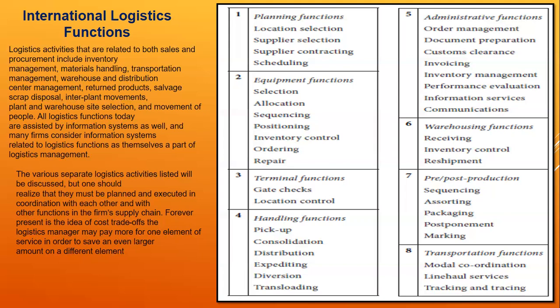Sequencing means you need to sequence the materials in such a way that they can be arranged rightly, in their respective locations. Then sorting: different types of components and parts are to be sorted.